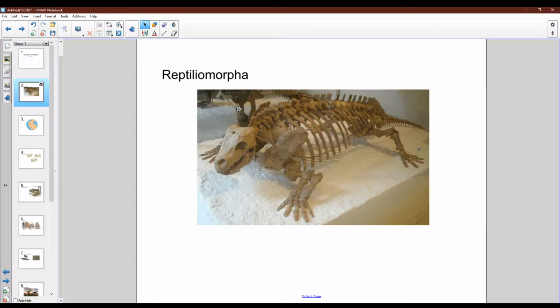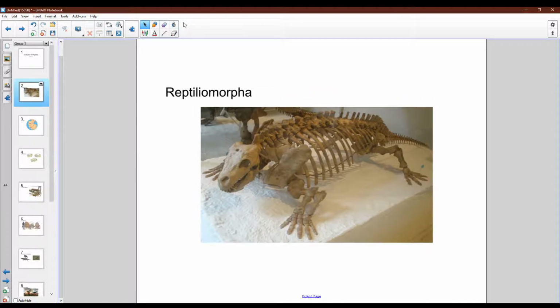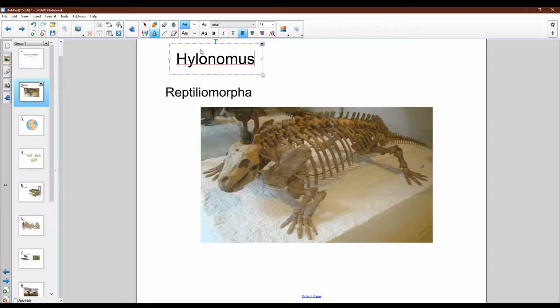They had an amniotic egg, which allowed them to move further from land, and that led to the first reptile, which I have a name for, Elonimus, which is the first fossil that we have of reptiles that would be considered a true reptile.